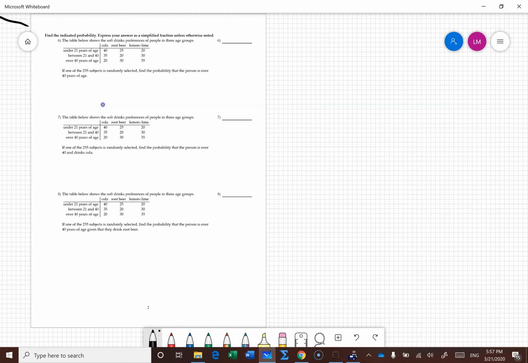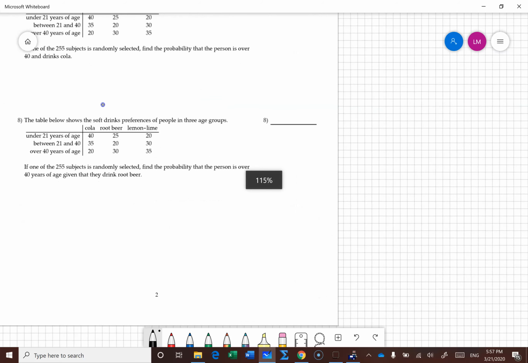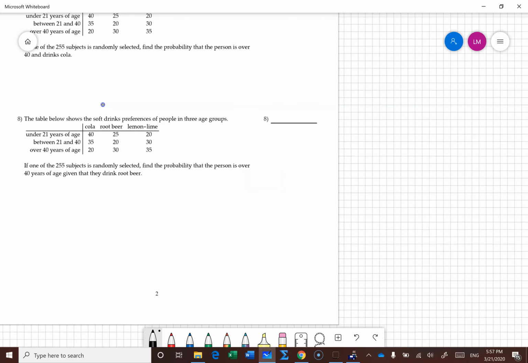Question number 8. If one of 255 people is selected, find the probability that the person is over 40, given that they drink root beer.